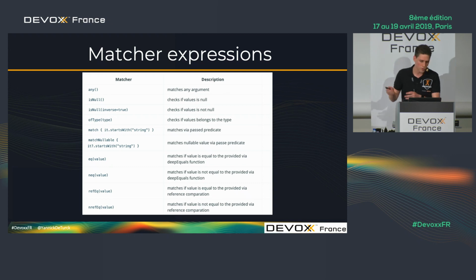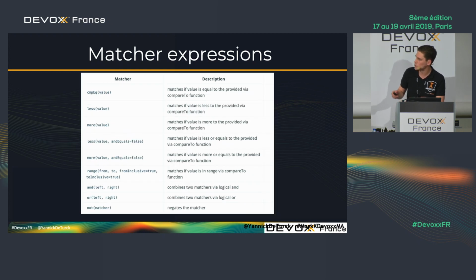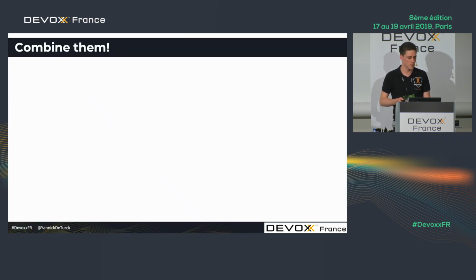I'm not going to run through all of them, but you can specify ranges, you can specify regexes. The table is actually pretty long. I just took a couple of interesting ones. You can check whether a value is more or less than a certain number. You can use an AND or an OR logical check. There are a lot of them, and you can combine them as you see fit.